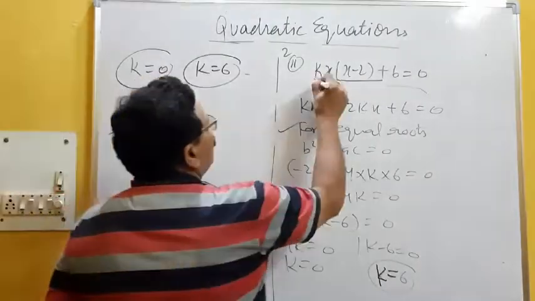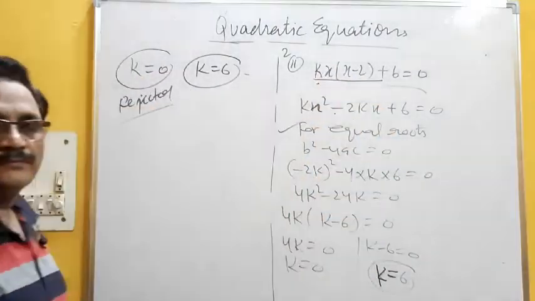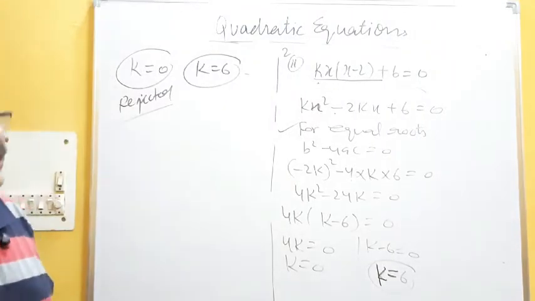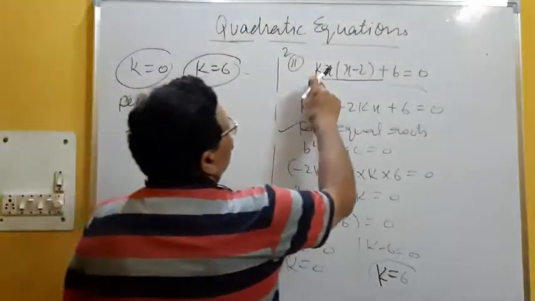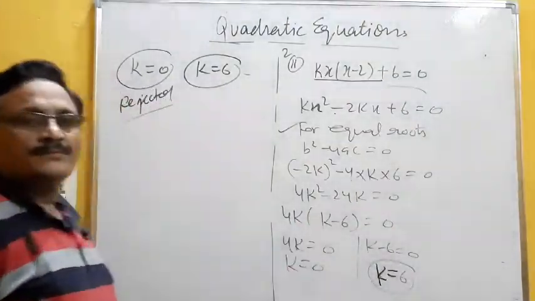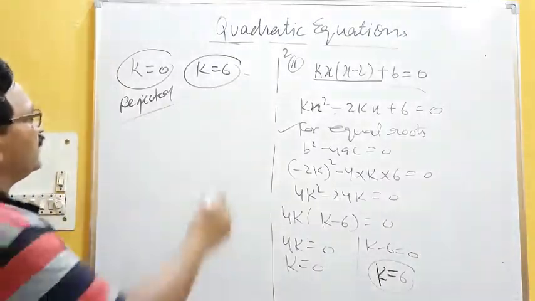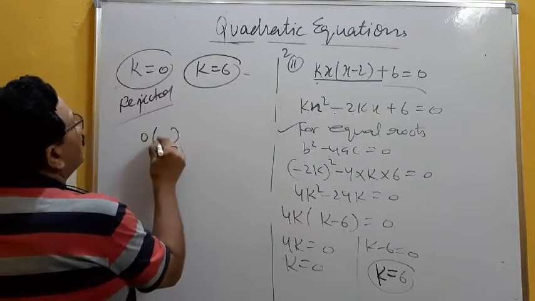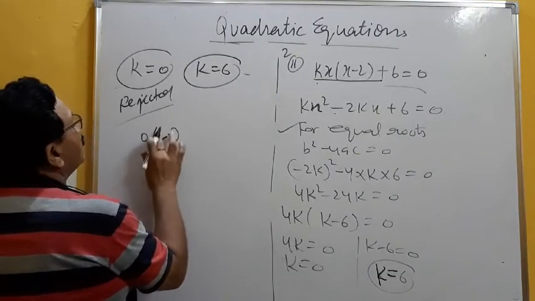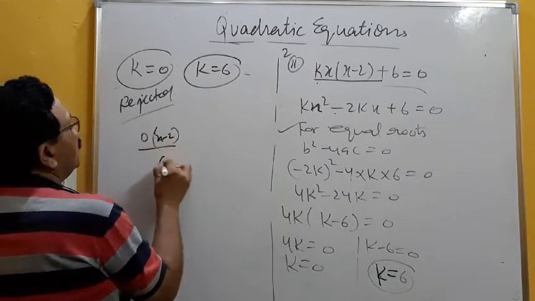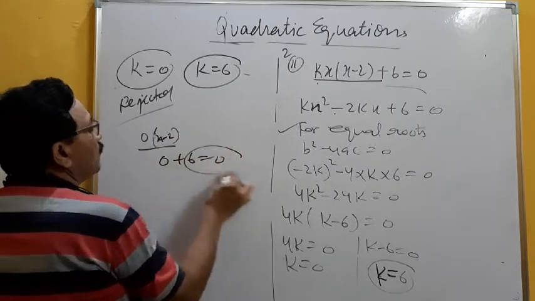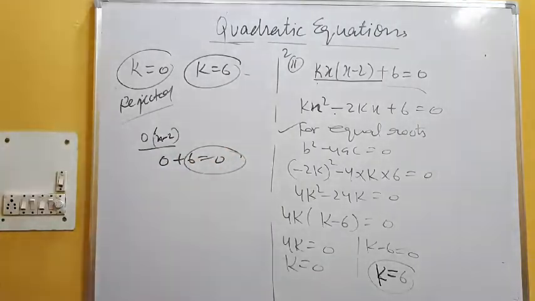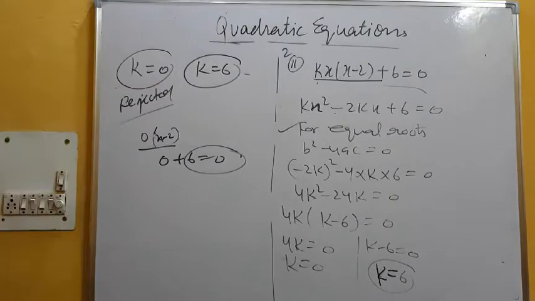If I substitute the value of k as 0, this whole term will be 0. You can check. If I put k equal to 0 here, 0 multiplied by any number, whether x minus 2 or whatever it is, this will be 0 plus 6 is equal to 0. Is it possible, 6 is equal to 0? Without a variable the equation is not possible.